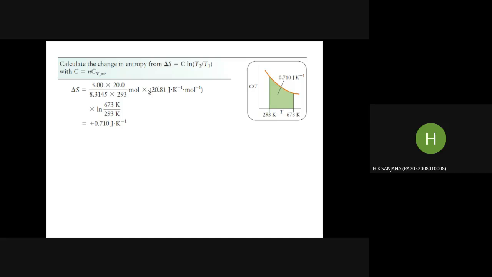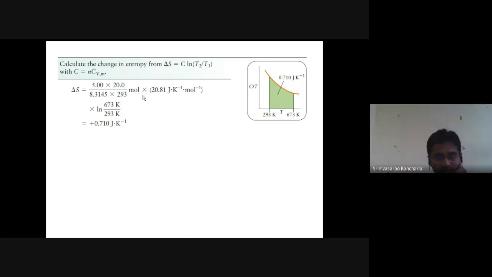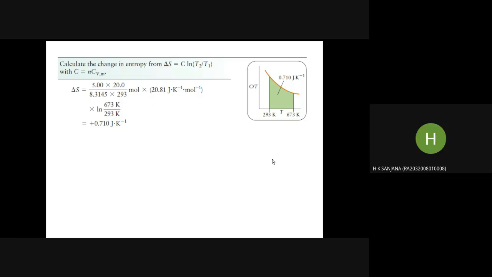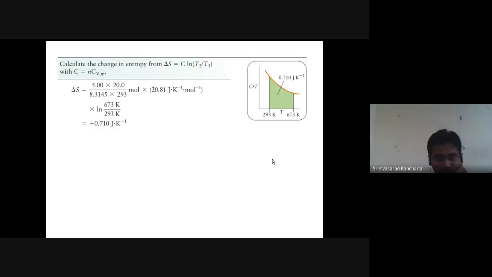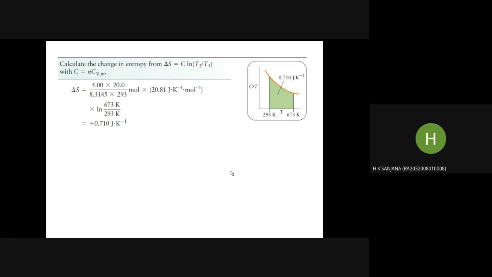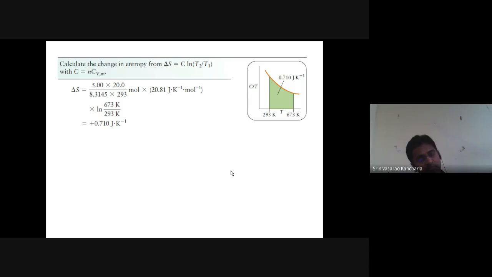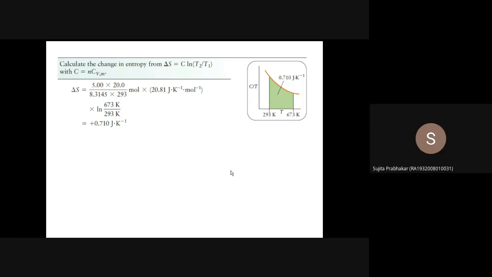That only came out to be 0.04. And this one you converted? 20, it is taken as such, right? Joule per Kelvin is there, because you are already multiplying it here. Yes, sir, this only I did. I'll check it, sir. Yes, sir, 0.709.